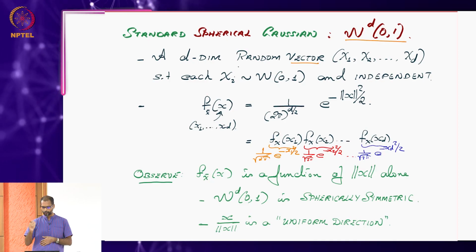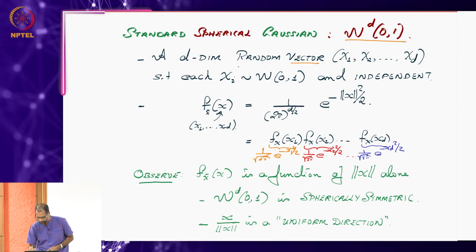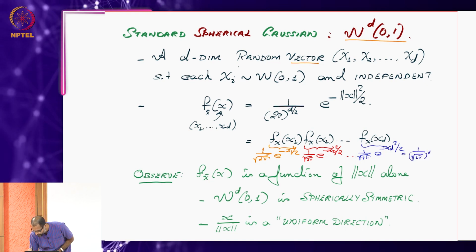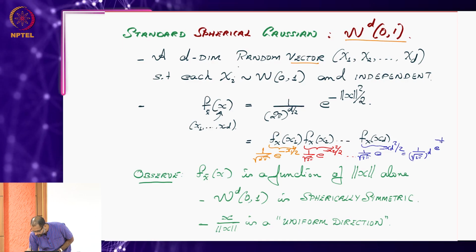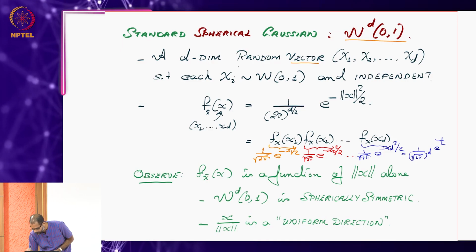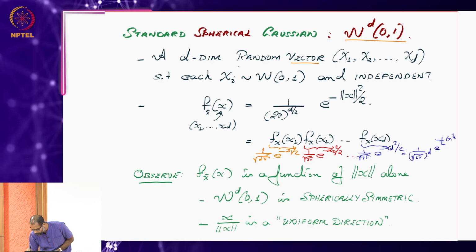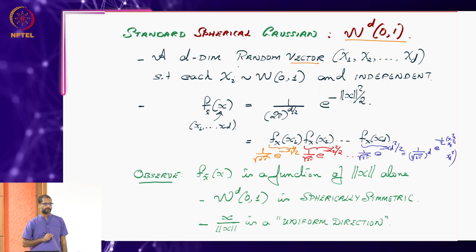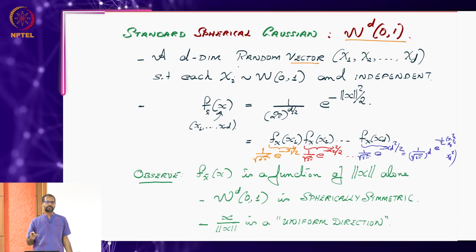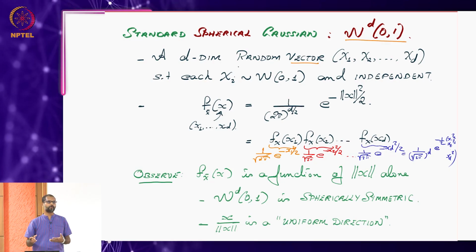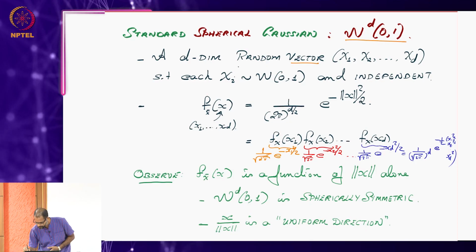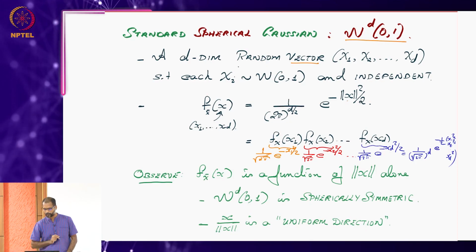So it is 1 by root 2 pi to the power d, and e to the power, let me pull this minus half out, of x1 squared plus x2 squared plus etcetera up to xd squared. What is that? That is the norm of x squared. That is why we have written it in the norm form.